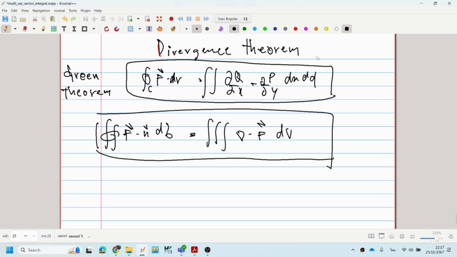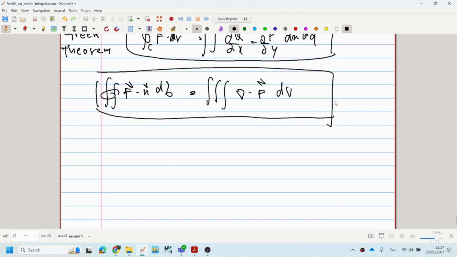If you have more than one surface, generally it's a closed curve. We call it a closed curve composed of one surface and another surface, closed together, with the start line and the end line being the same line, so the start point and the end point are the same.